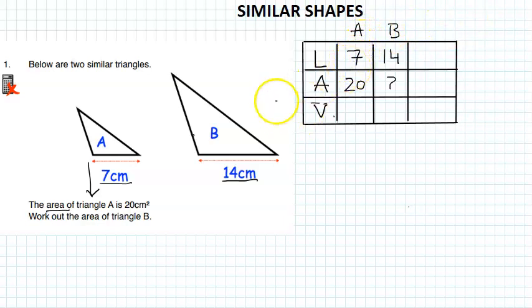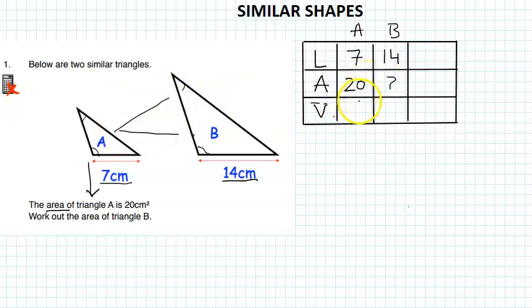For such questions, similar shapes have exactly the same shape. If it is a geometrical shape, then all the corresponding angles are equal. Only the size may vary from smaller to bigger, but they are identical. This is the enlarged one.